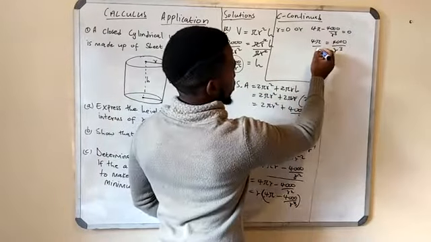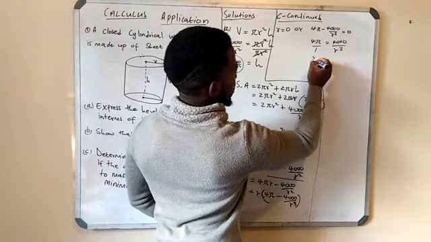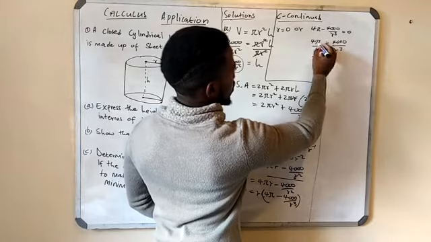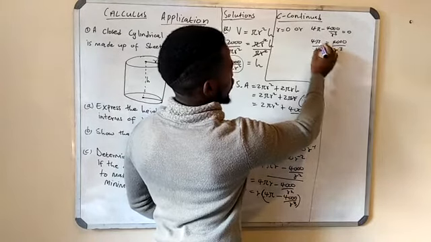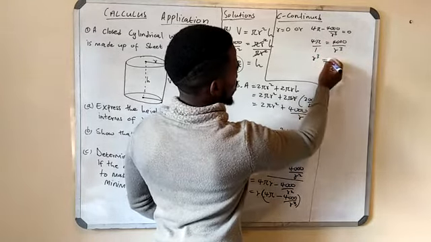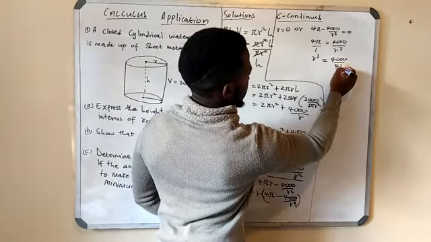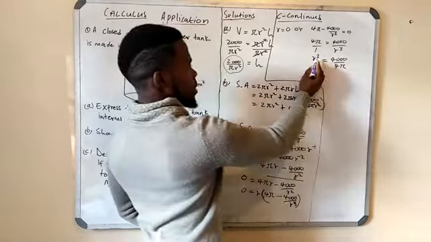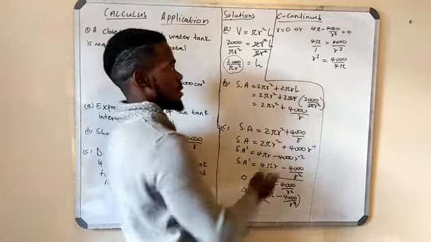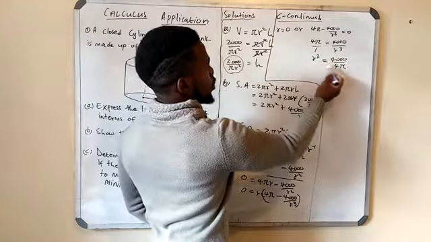So I'm going to cross multiply here. I'm going to have r cubed is equal to, you just interchange these two, r cubed is equal to 4000 divided by what? Divided by 4π. Remember, we're solving for r here. Therefore, we are going to take the cube root on both sides.